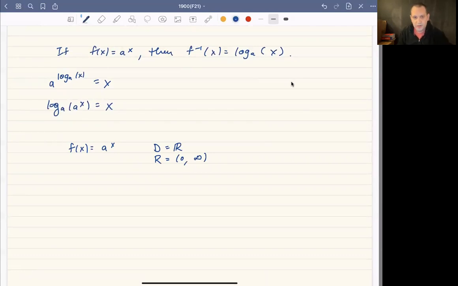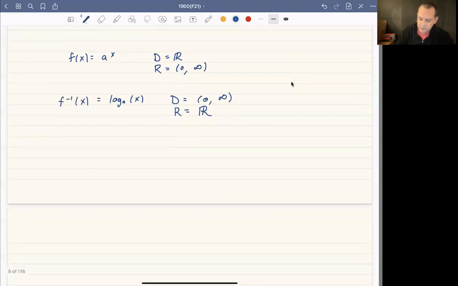Therefore, for the inverse, log base a of x, the domain is just the positive real numbers. You can't plug in negative real numbers or even 0 to a log. And the range is all real numbers.